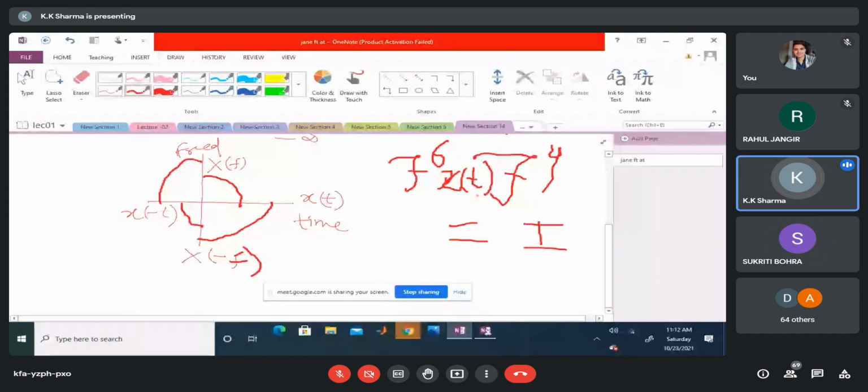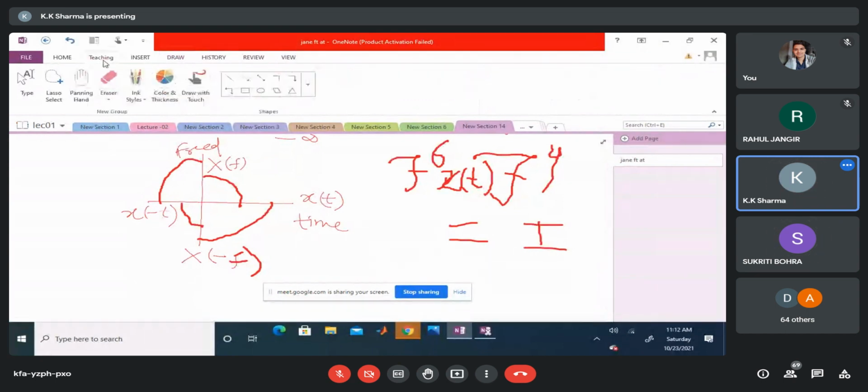this is sometimes written in textbooks in the form of a theorem called the duality theorem.